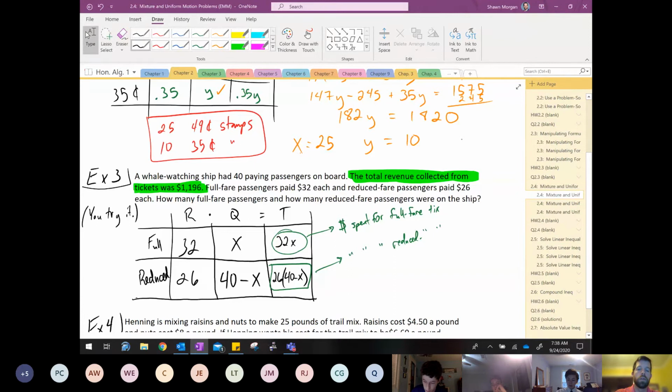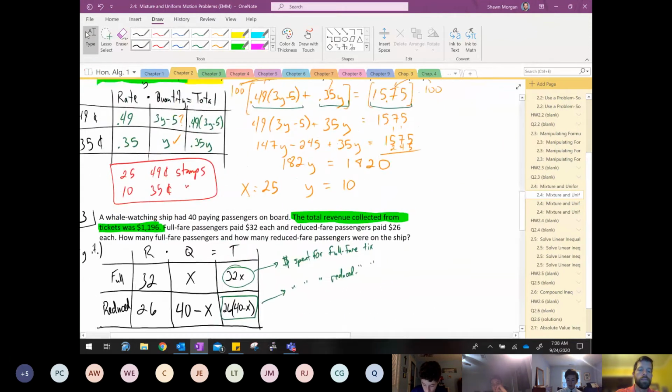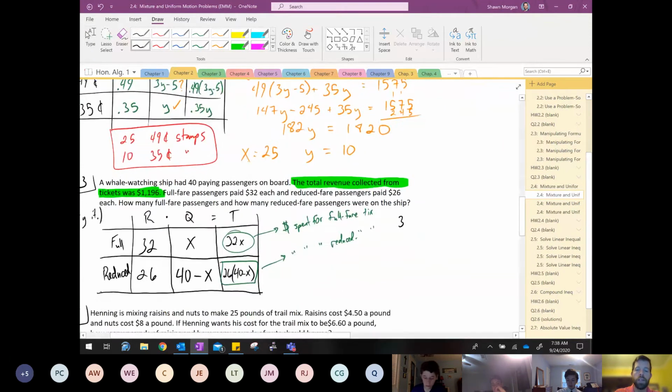So let's write up our equation. We got 32x plus 26 times the quantity 40 minus x equals 1,196. Guys, do I need to multiply by 100 here? No, there aren't any decimals, are there?